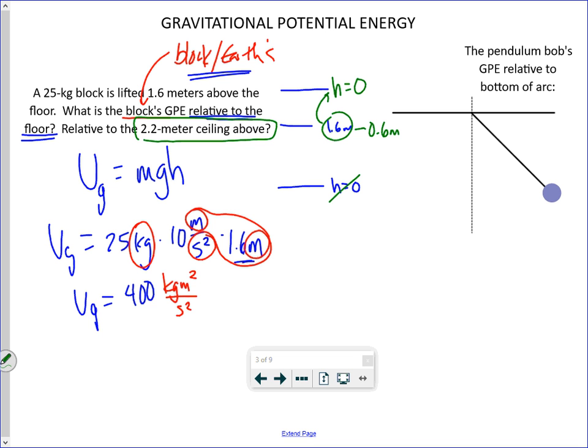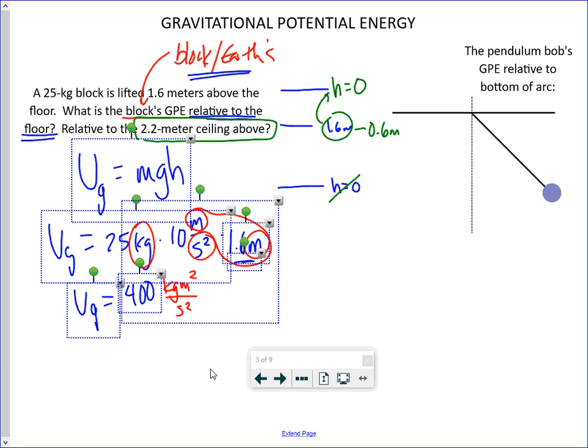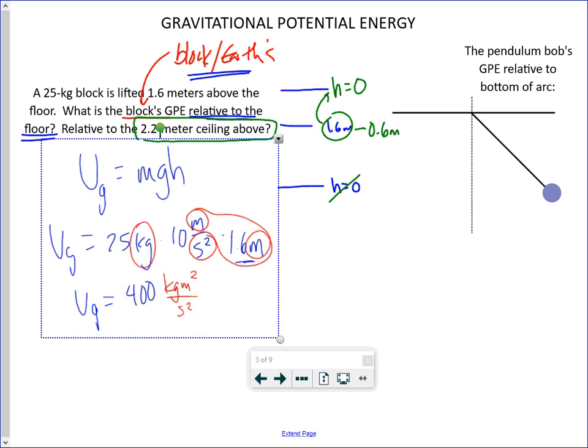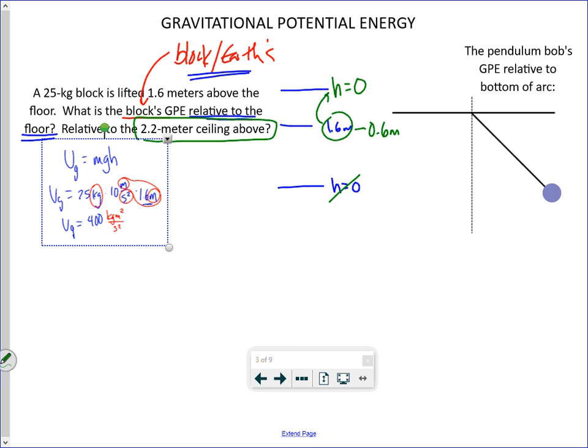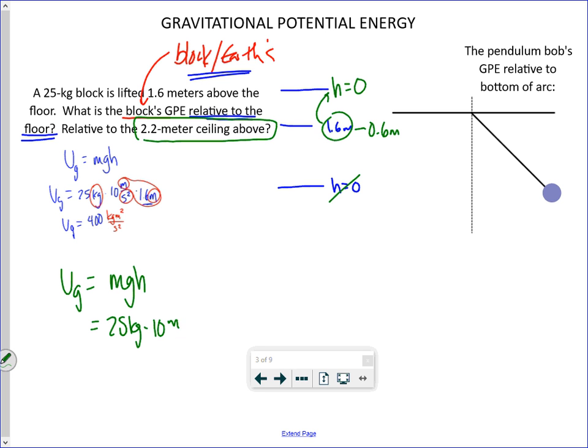So now, in section 2 of our problem, 25 kilograms, 10 meters per second squared, negative 0.6 meters. It's 6/10, there you get 150-ish, right?